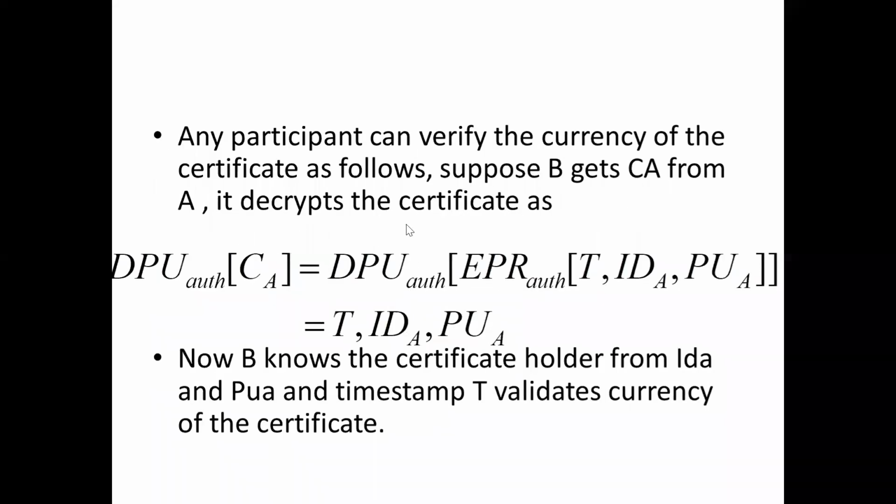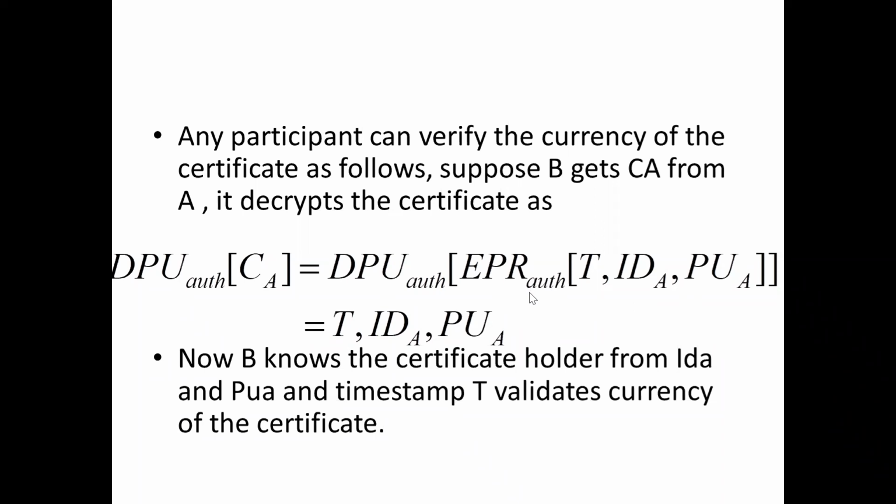any participant can verify the currency of the certificate as follows. Suppose B gets a certificate from A. It decrypts that message. How can the certificate be transmitted? The initiator's certificate is encrypted by the certification authority.